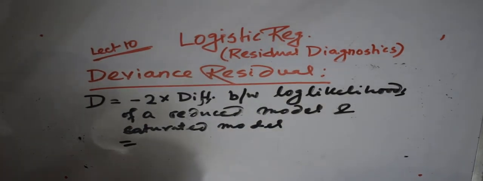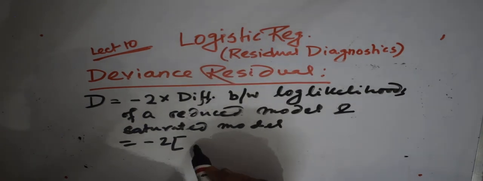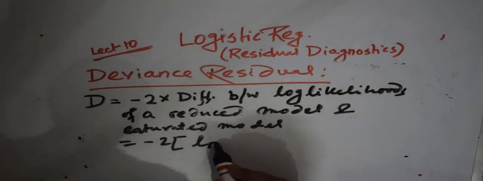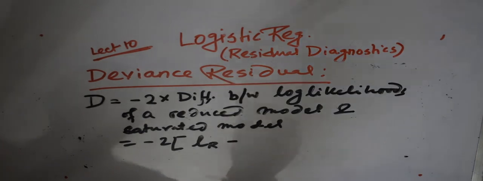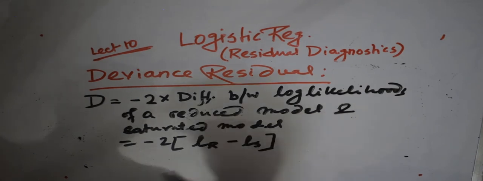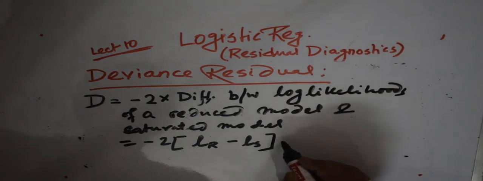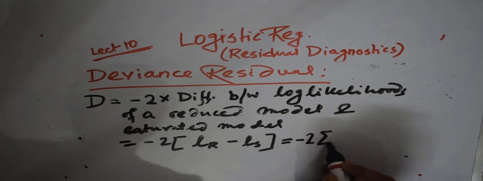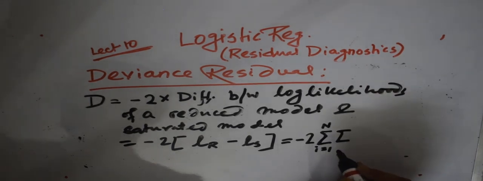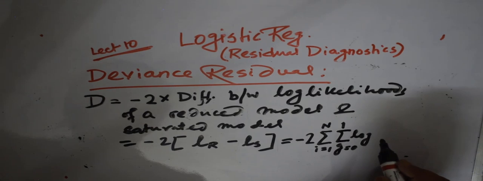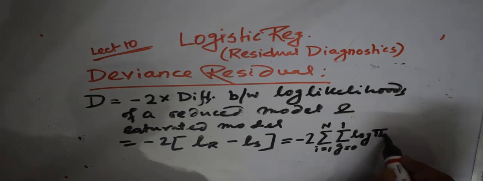This is equal to minus 2 into l for the reduced model minus l, the log likelihood for the saturated model, and this is simply equal to minus 2 into the sum over i from 1 to small n, g from 0 to 1, of y_gi log pi_gi hat.